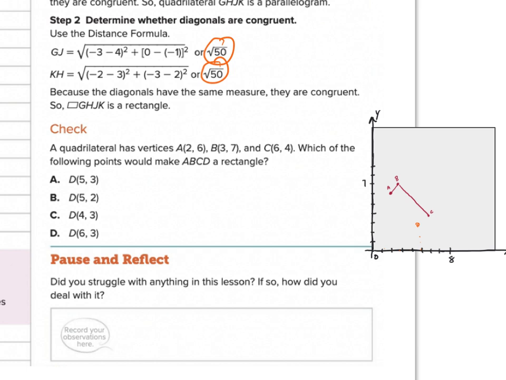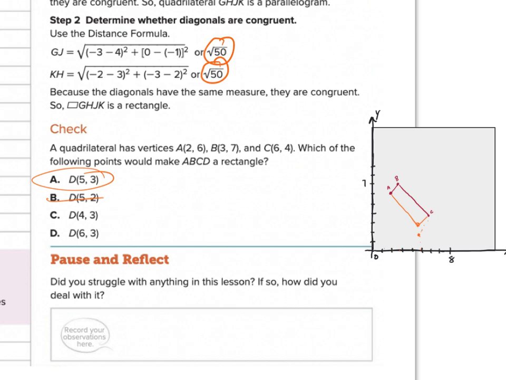If I go to 5, 2, this point right here does not make a rectangle, so that's not good. 4, 3 right there would not make a rectangle. And then 6, 3 would be over here. 6, 3 would not make a rectangle. So it looks like that first choice right there would have given me a rectangle appearance. So it's the only one that could have met the requirement.